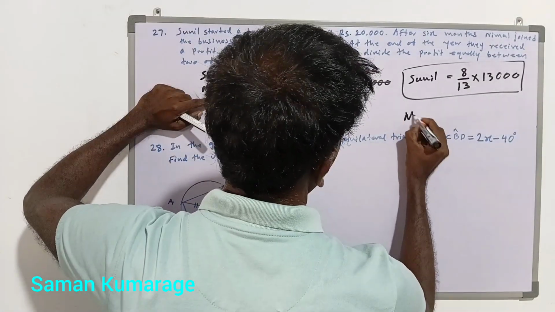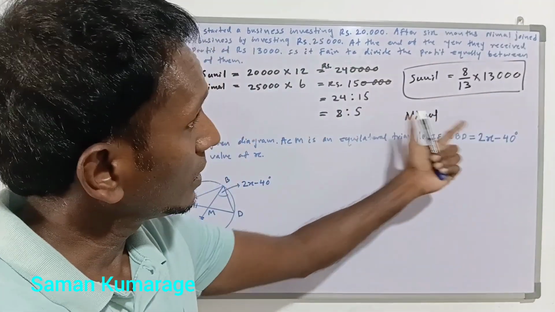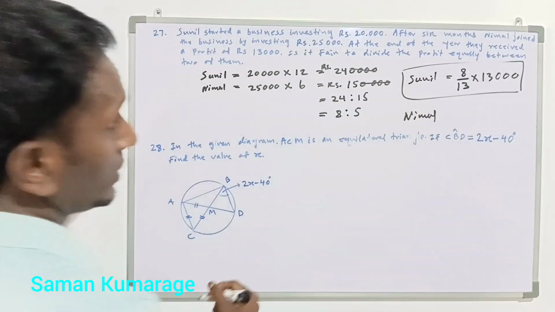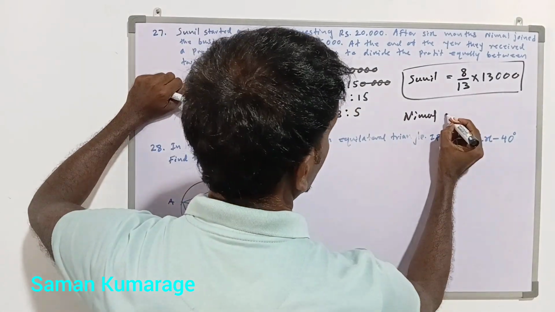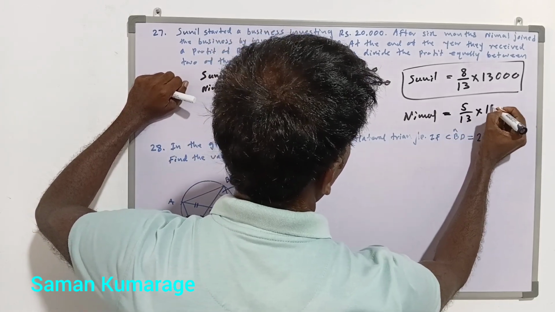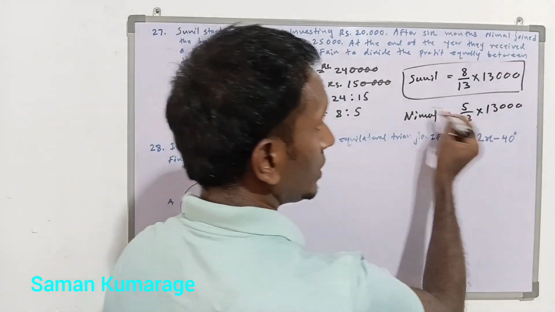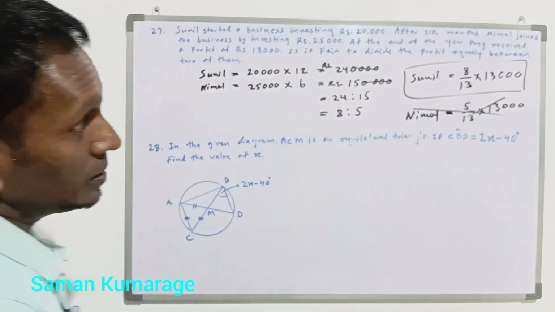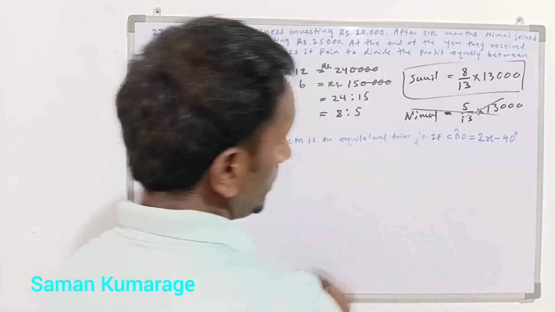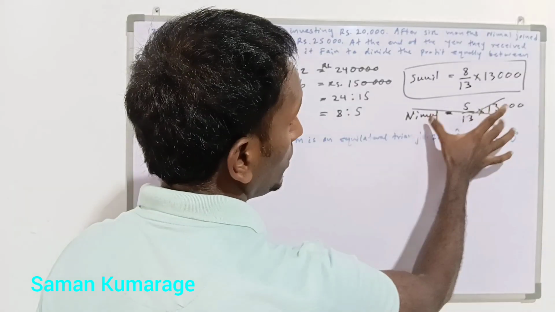And for Nimal, they are not asking how much each is obtaining as the profit. I am just showing here, that's why I am not calculating. So Nimal will get 5 over 13 multiplied by 13,000, or else without this, if you calculate Sunil's amount, the remaining balance is Nimal's amount. You don't have to calculate Nimal's amount like this.